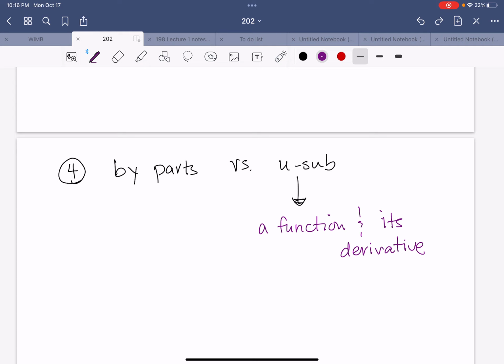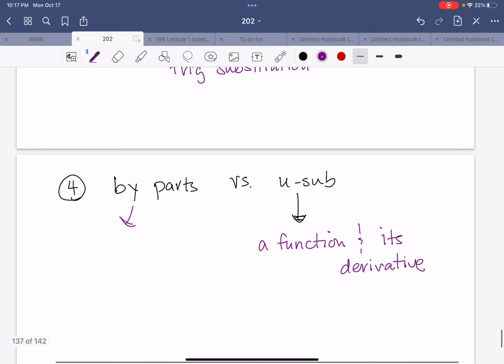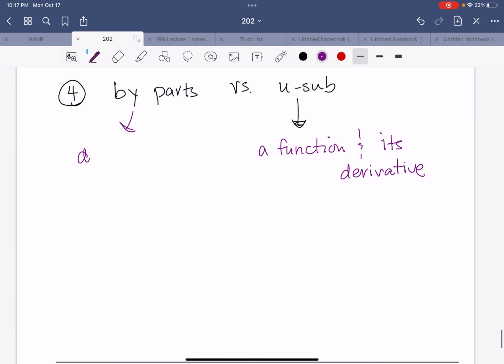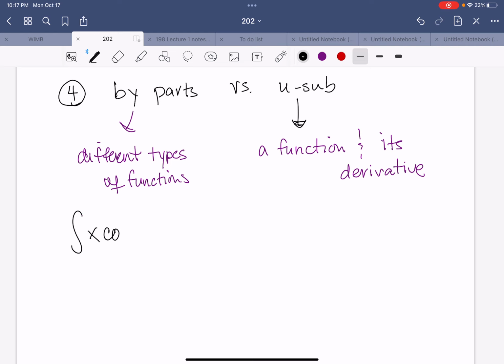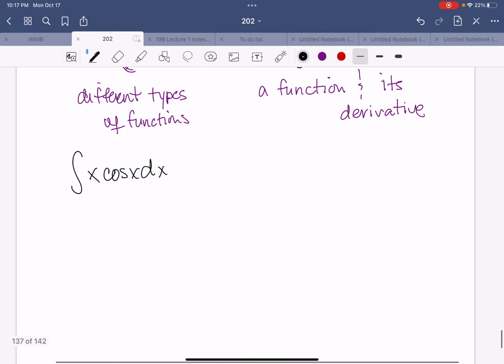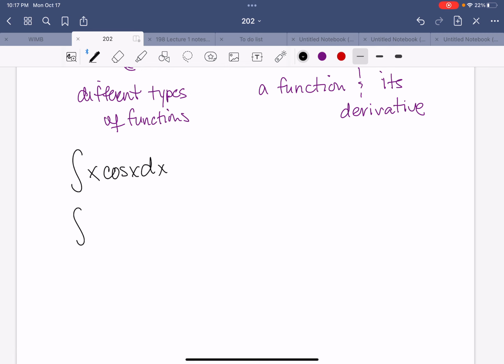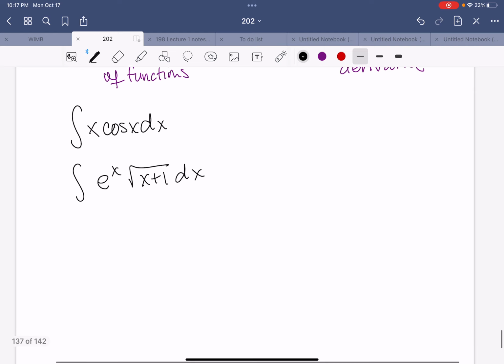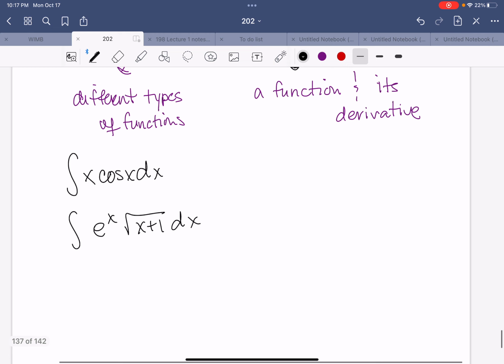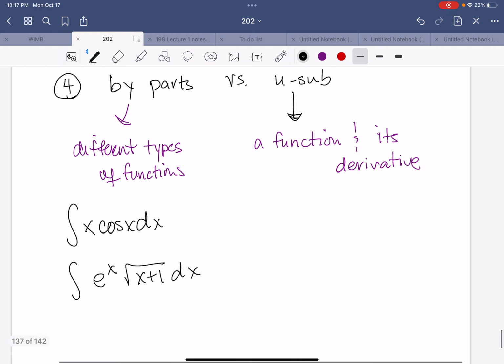If you don't have that, then you're going by parts, particularly if the functions look different, so different types of functions being multiplied. By that, I mean something like the integral of x times the cosine of x dx. The x and cosine are different types of functions. Or e to the x times the square root of x plus 1. Different types of functions. Any of these things would be your by parts.